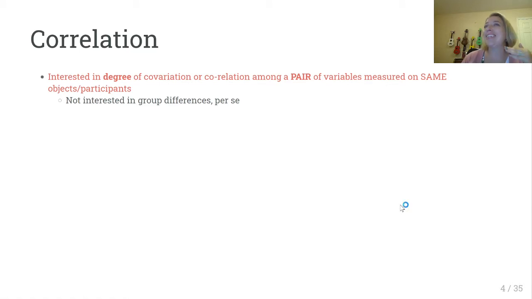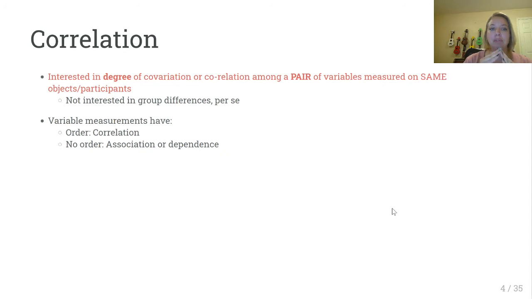So we're not interested in if 2 groups are different. We want to know if they correlate or covary with each other, 2 different measurements. So if we're looking at variables that have order to them, they're ordinal or interval ratio, we call it correlation. If we're looking at variables that don't have order, so nominal variables, like race and ethnicity and country of origin, those would be nominal variables.